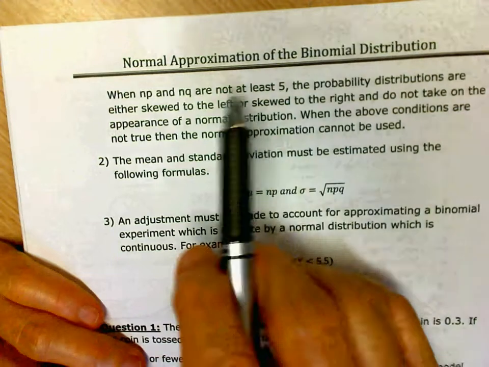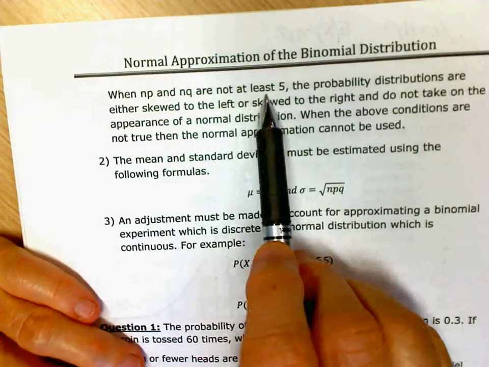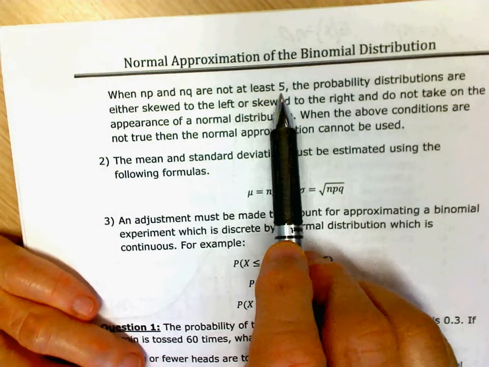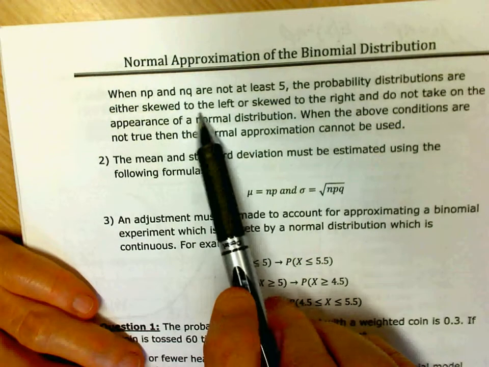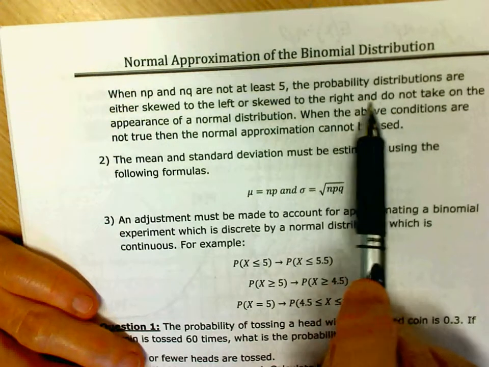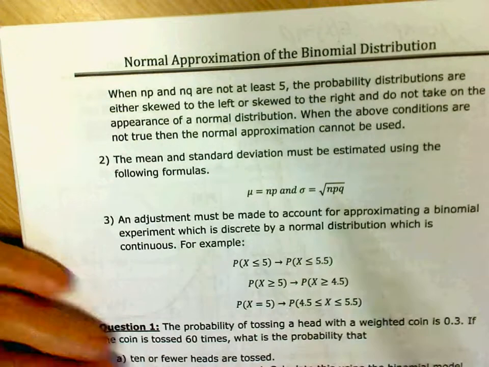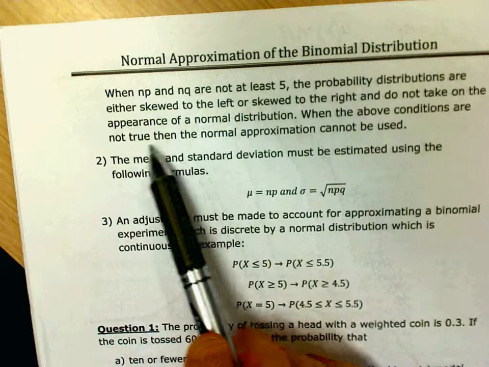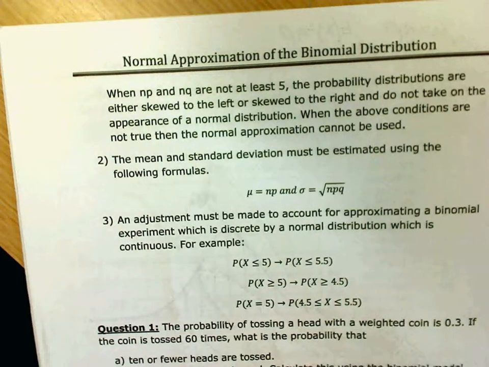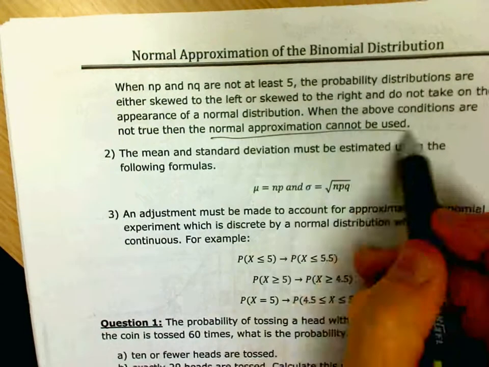When np and nq are not at least 5, both of them, the probability distributions are either skewed to the left or skewed to the right and do not take the appearance of a normal distribution. When the above conditions are not true, the normal approximation cannot be used.